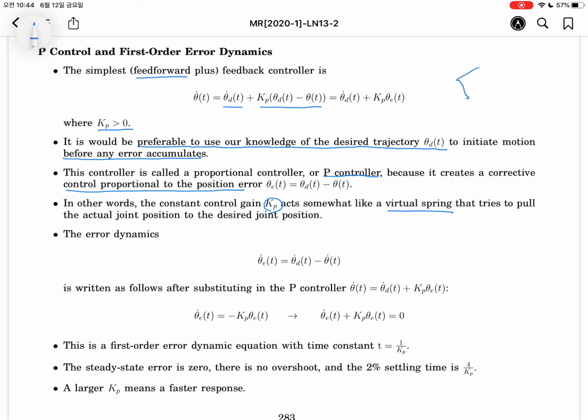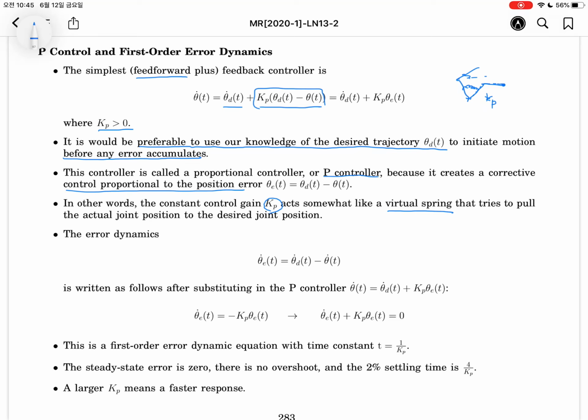So if some robot is given, and then the desired trajectory is given, at that time if you assign this proportional control, it corresponds to assigning a spring to make the desired motion.